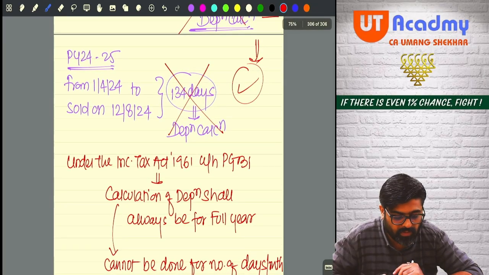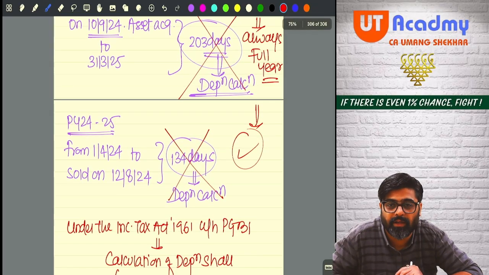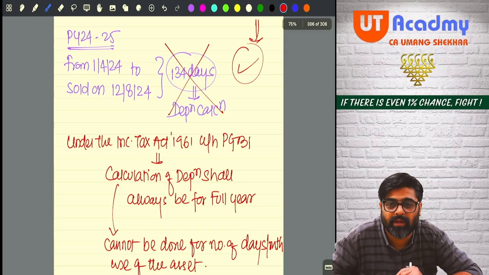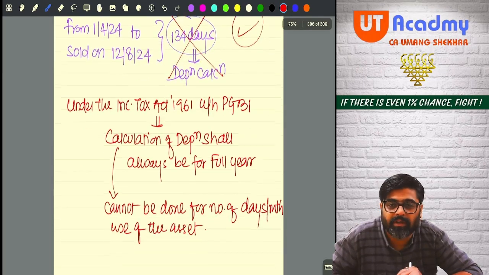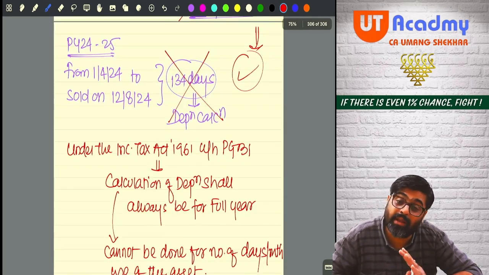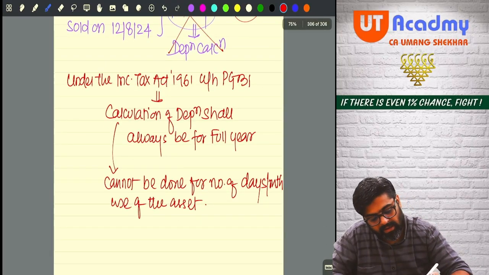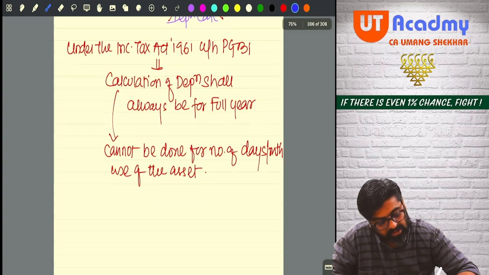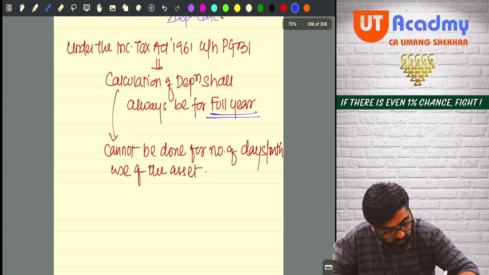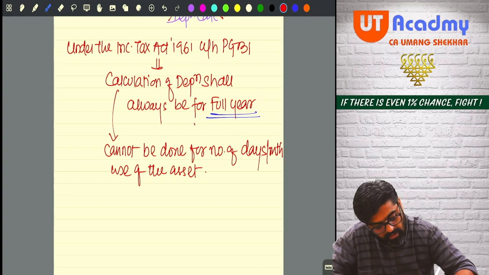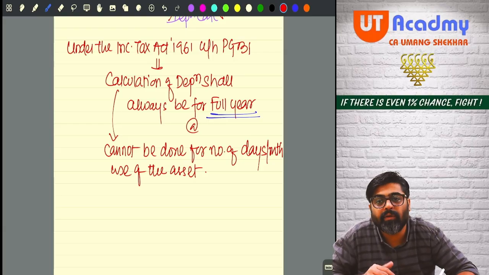So into 203 divided by 365 into 134 divide. No. Calculate the depreciation at the applicable rate for the full year. So what did they say? The calculation of the depreciation shall always be for full year at the given full rate.